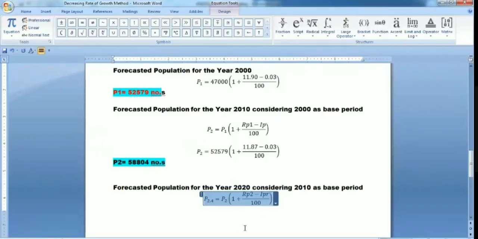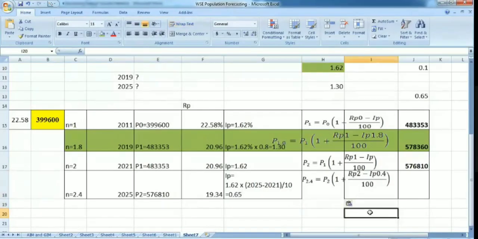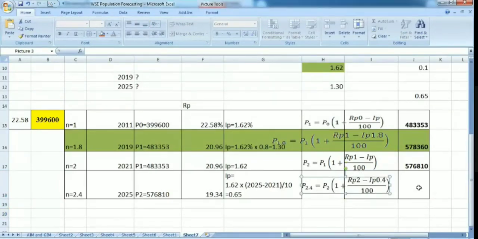The IP is 0.4, so you are multiplying the IP value with 0.4. How to calculate this?